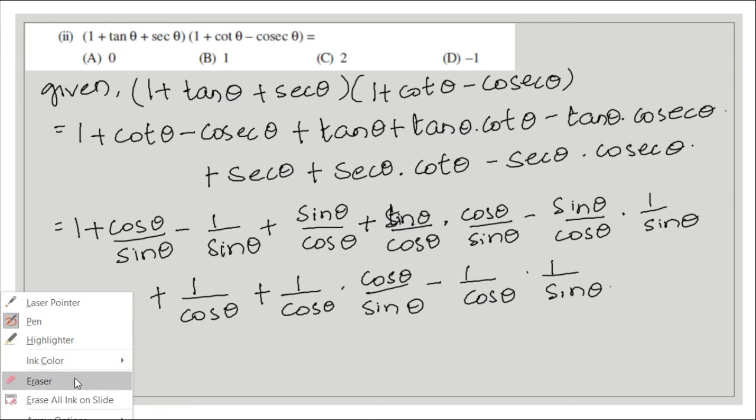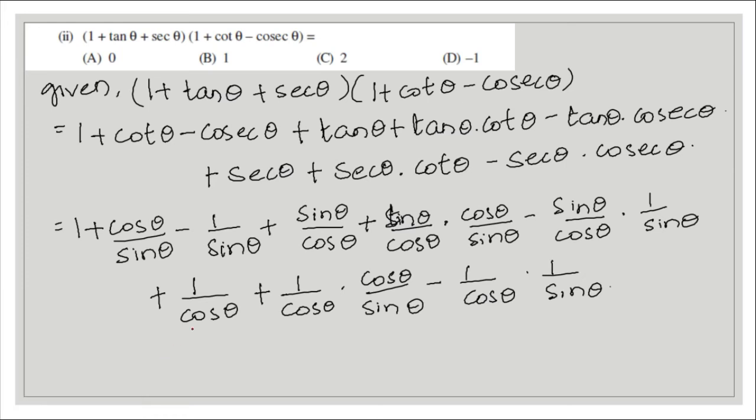Observe certain things may get cancelled. Let me see which terms will get cancelled. Here sine theta, cos theta, they get cancelled. Here one of the sine theta is getting cancelled. Here one of the cos theta is getting cancelled. The remaining terms I'll write.